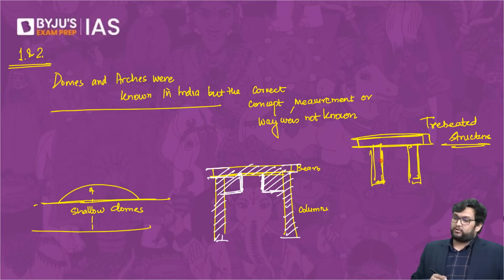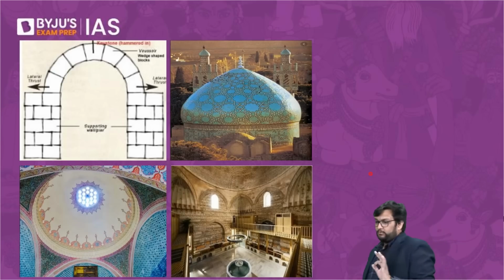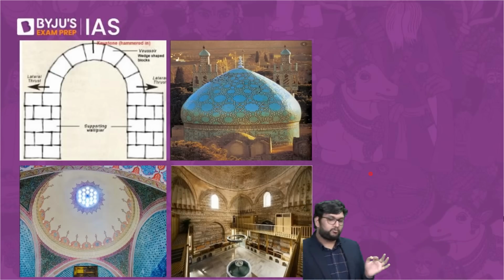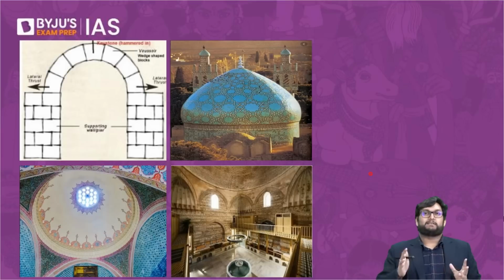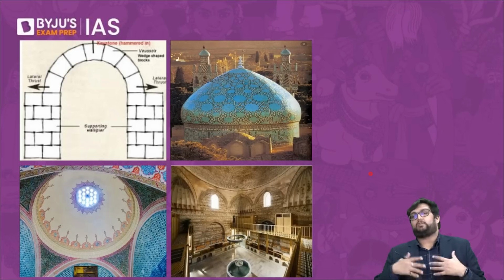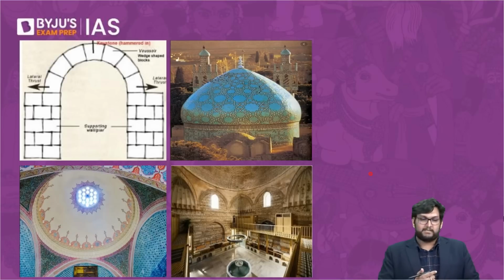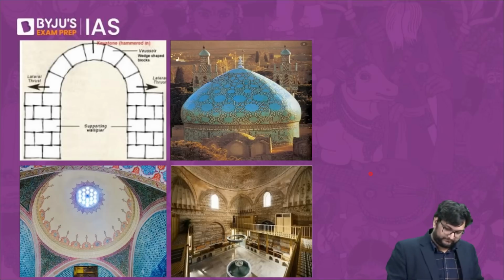So a dome and an arch are quite different. A true dome and true arch are not like this. Now again, if you ask me what is an arch, I cannot believe that you don't know what is an arch or you have not seen an arch. But this is an arch. And this is a dome.